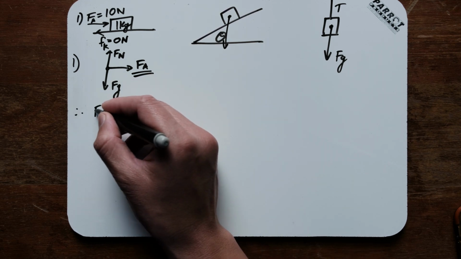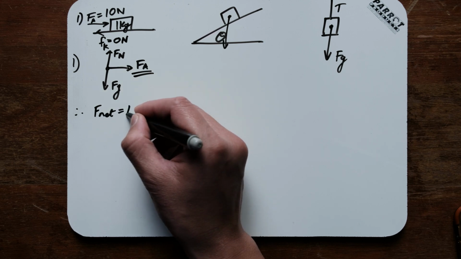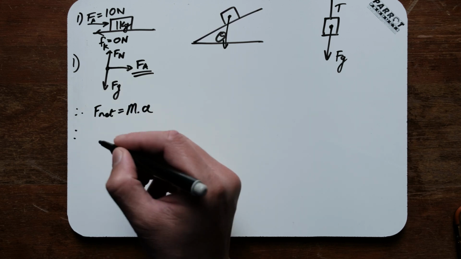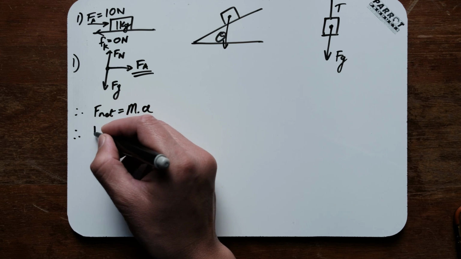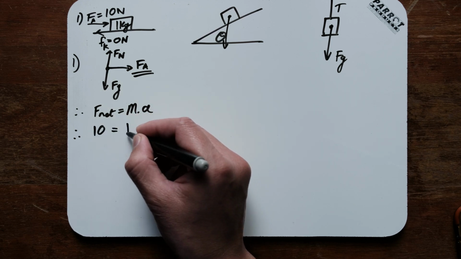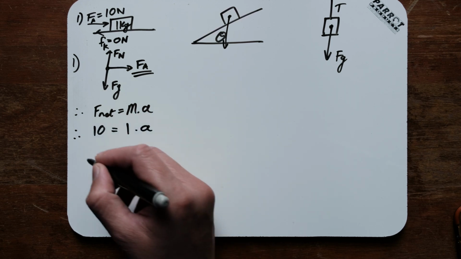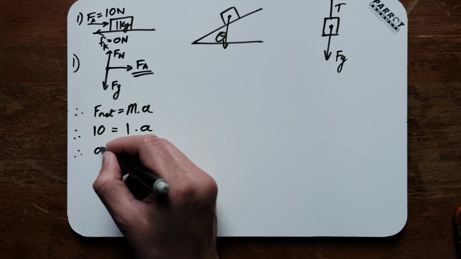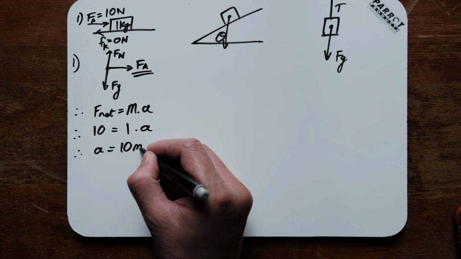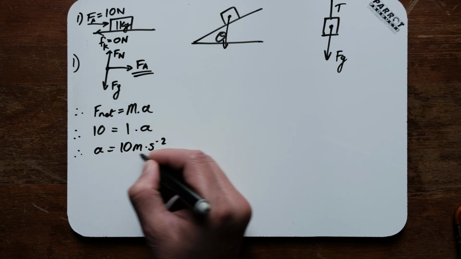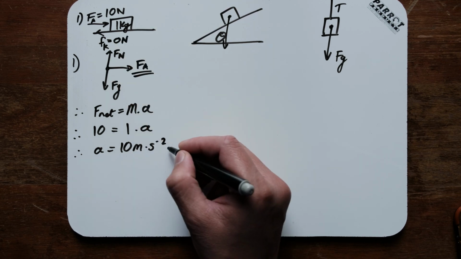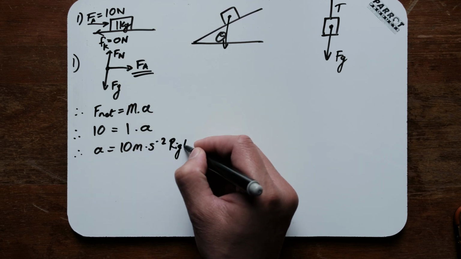So if we follow the equation F net is equal to mass times acceleration, then the net force is 10 newtons, the mass is 1 kilogram, and a is what we're finding. So essentially, a is equal to 10 meters per second squared.